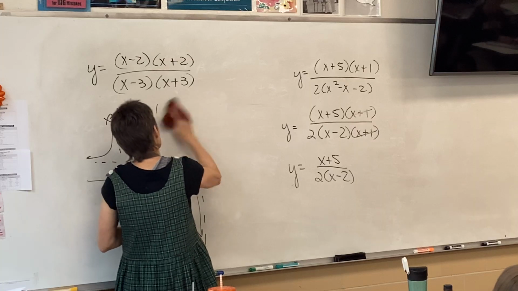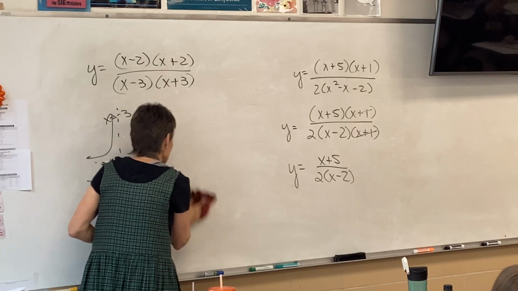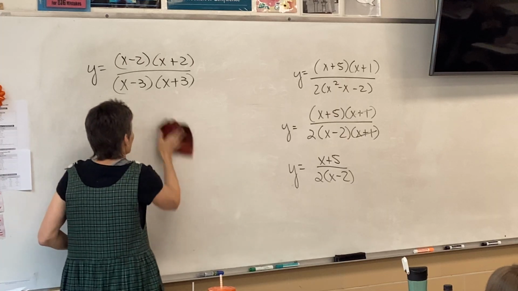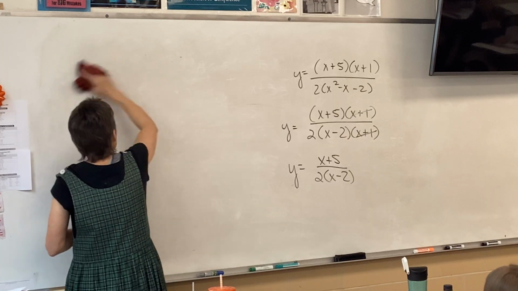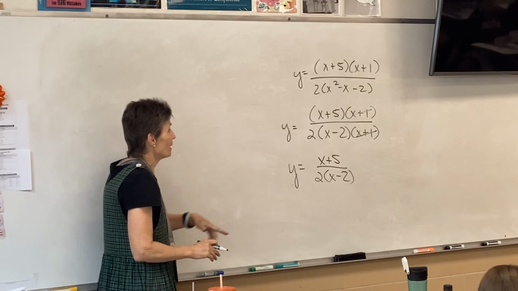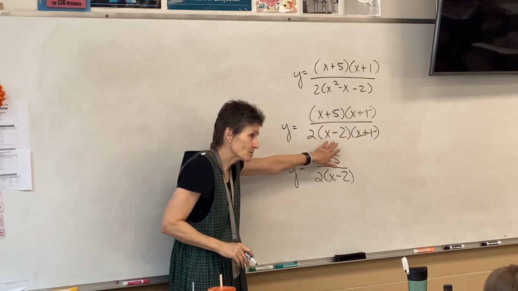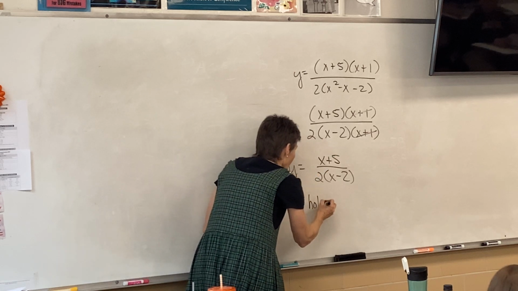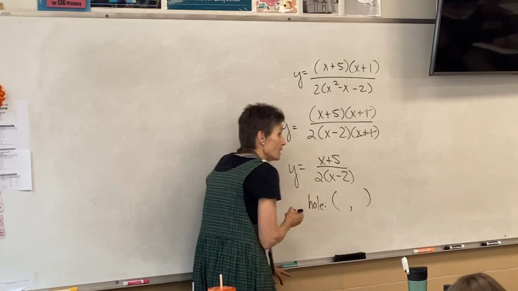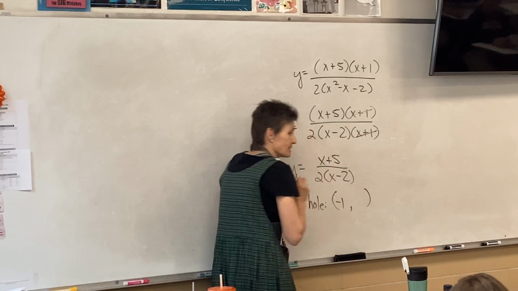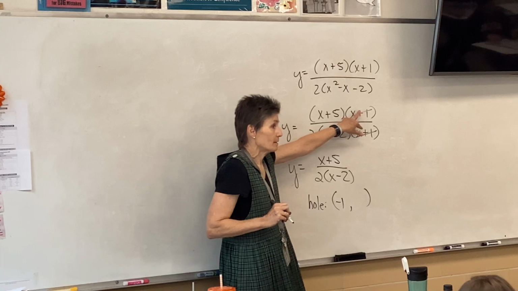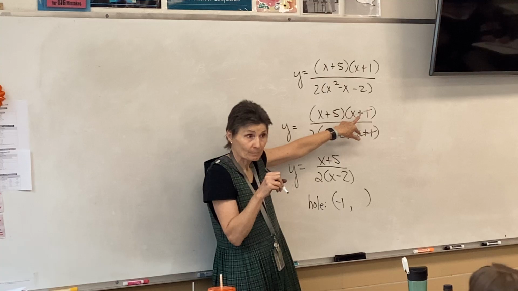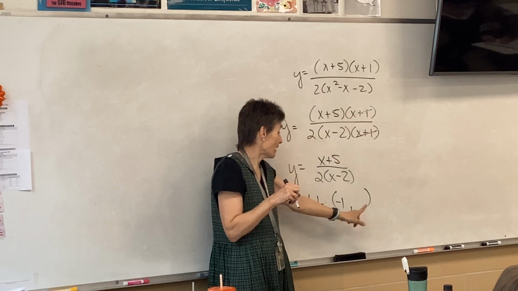Now, I factor. That is a necessary skill that you must possess. I noticed when I factored that I could cancel. So that means there's going to be a hole. And it is going to be where x is -1, because that's the factor that I canceled out. Who remembers how I find the y part?